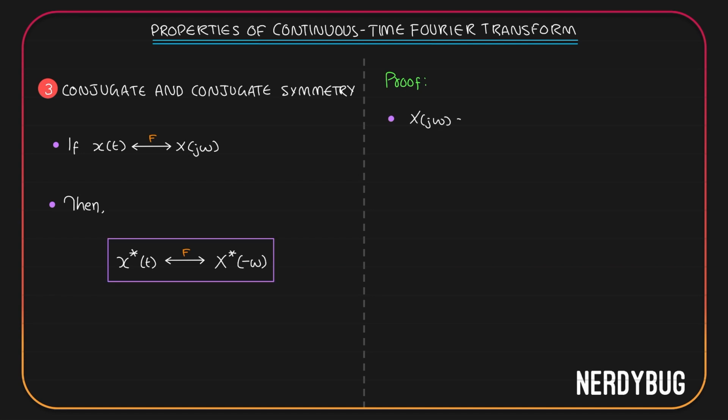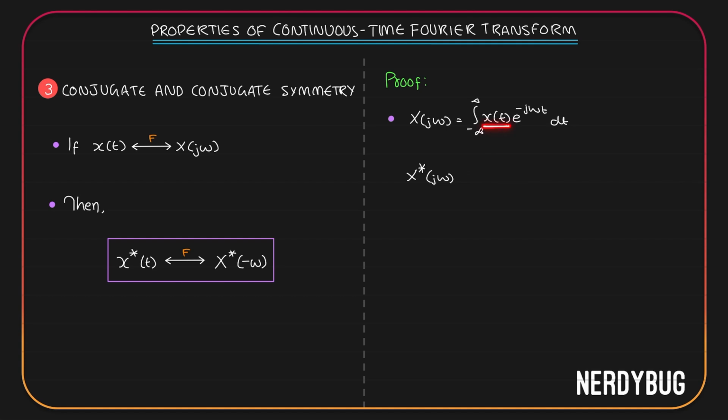We know X of j omega is integral from minus infinity to infinity x of t e raised to minus j omega t dt. What if I want X conjugate of j omega? All I have to do is make all the j's minus j. So it becomes integral from minus infinity to infinity x of t.